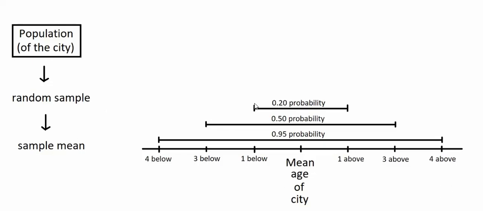So, like I said, that's telling us that I have a 0.20 probability of getting a sample mean somewhere between 1 below and 1 above the mean of the city, somewhere in this range.